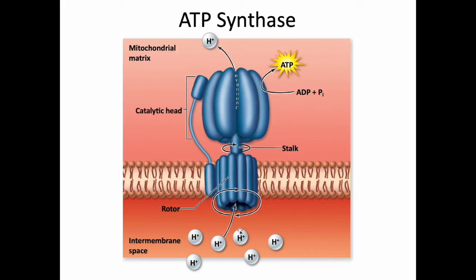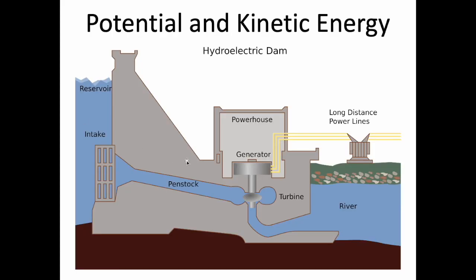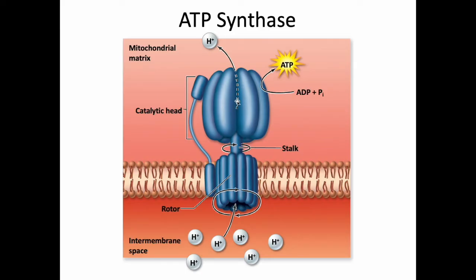But yeah, they're going to pass through ATP synthase. It's hollow, it's big. That movement, that rush, that flow of protons is going to cause this stalk to spin, just like the movement of water causes this turbine to spin. That physical movement is going to power the creation of ATP from ADP and phosphate.